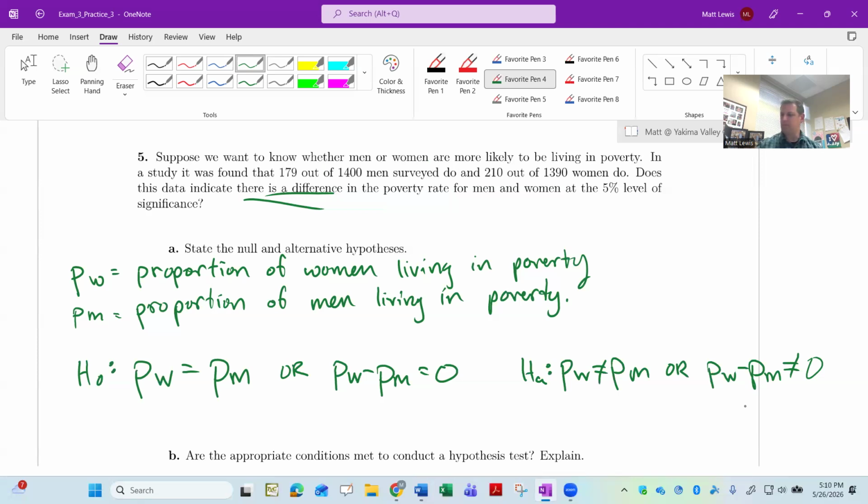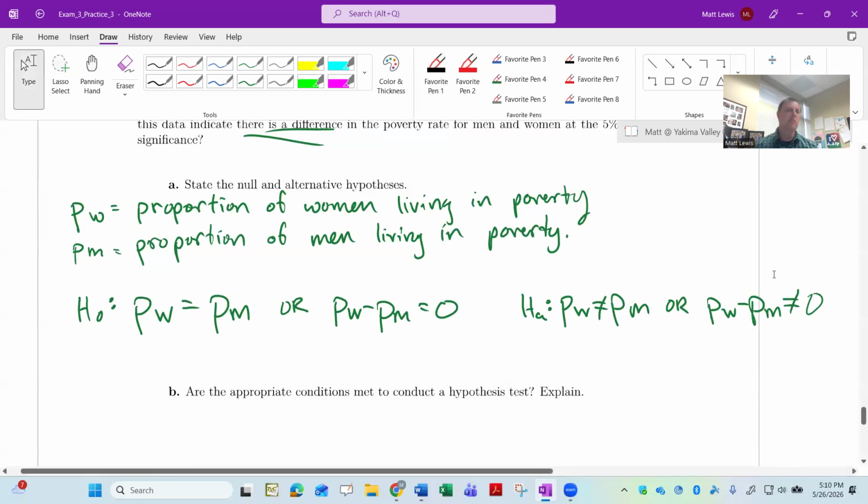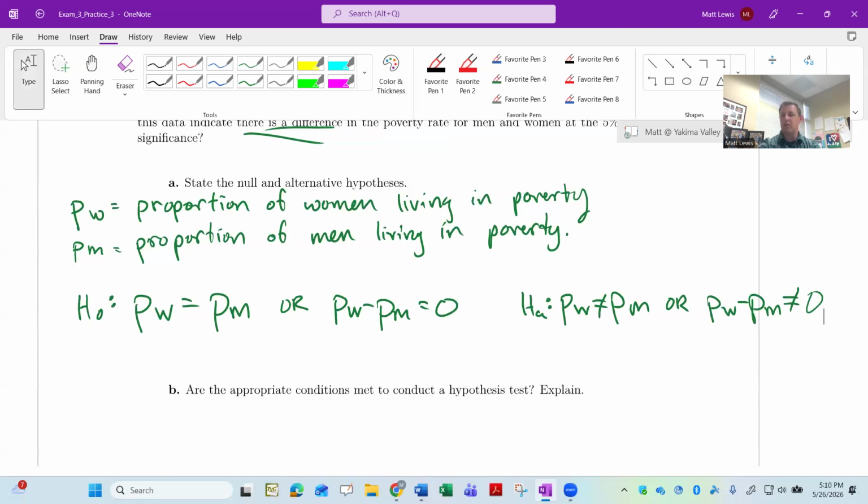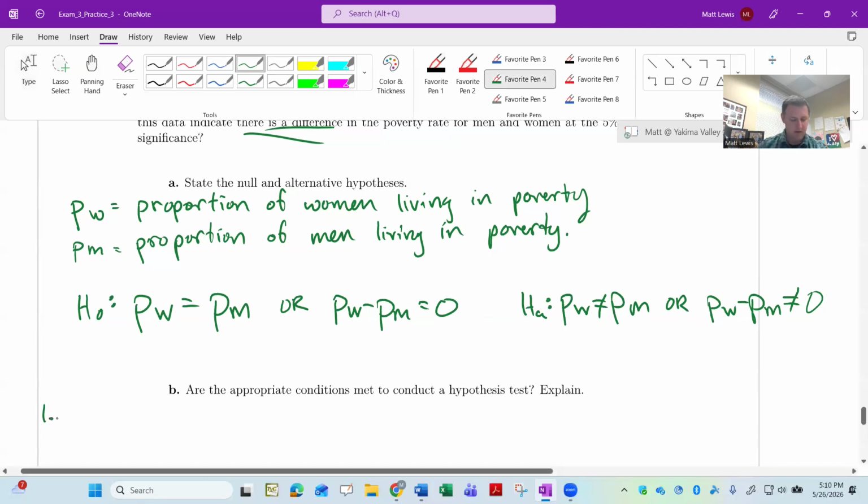Okay. Now, for this next part, checking the conditions. First condition, just like all the rest of the problems we've done, no problem. We are, in fact, sampling less than 10% of men and women. No problem there.